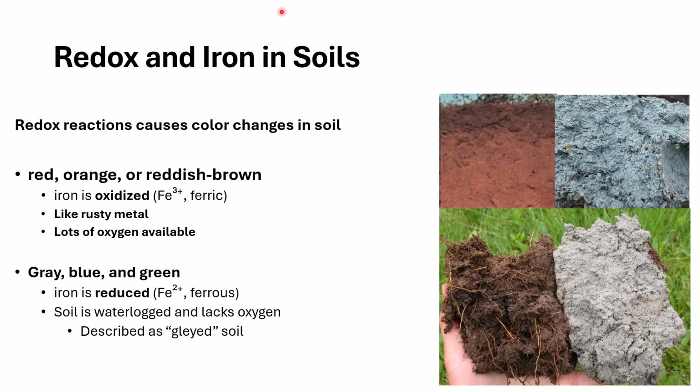On the other hand, when iron is reduced, which is usually the case when it's waterlogged and oxygen can't get to it, the iron then causes a soil to be very gray, even bluish to greenish hues. These colors tell us a lot about the drainage and the oxygen levels in the soil. So just by looking at the soil color, you will be able to infer a lot about its chemical environment.